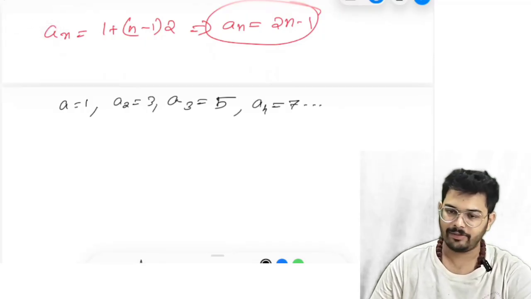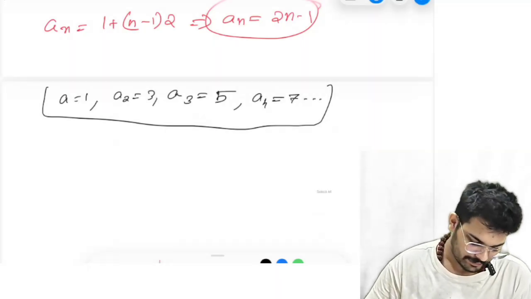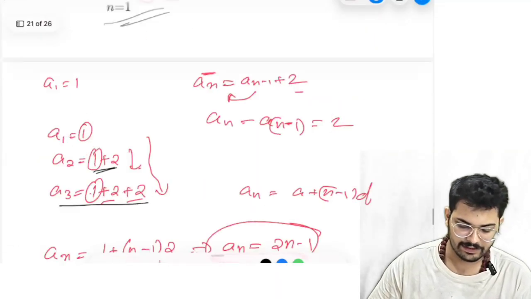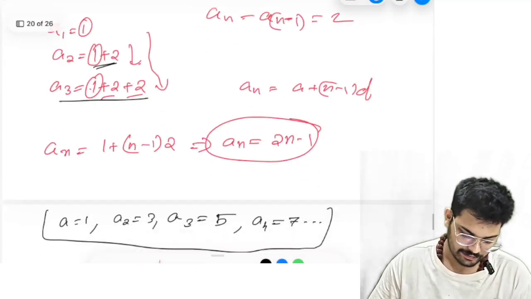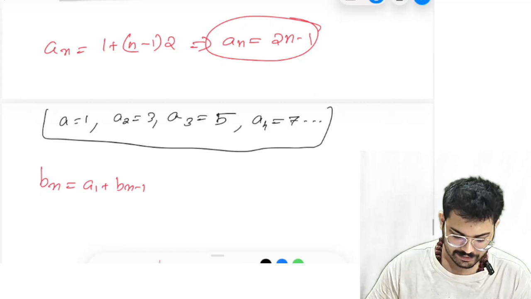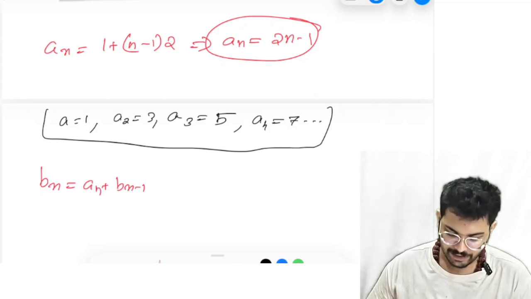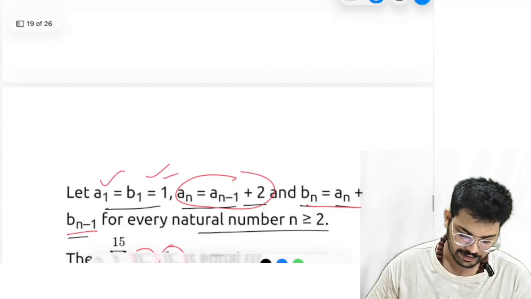That's how the sequence will go. Now we need to find the general term for bn. bn is equal to an plus b(n-1), and b1 is already given as 1.